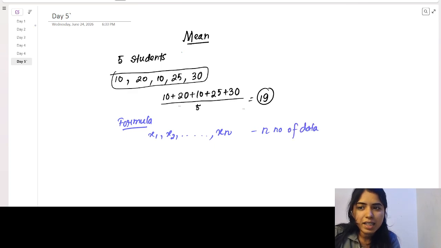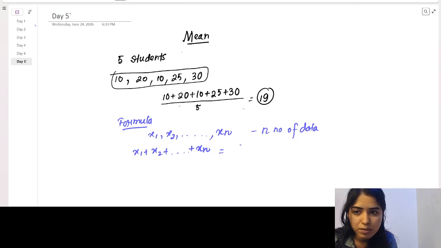You have to add all these values, x1 plus x2 dot dot up to xn. Whenever you are adding n number of values, you can write it in a shortcut way. This is summation, and because you are starting from 1 to n, you can simply write i equals 1 to n.